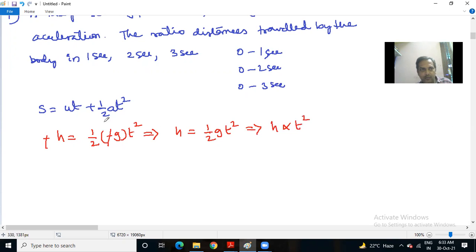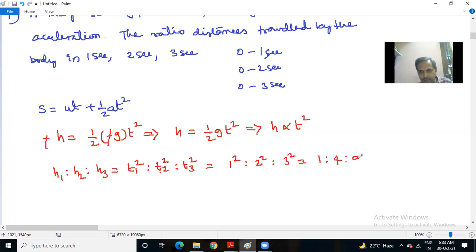Now moving to the question, H1 is to H2 is to H3 is T1 square is to T2 square is to T3 square. What is T1? 1 second, so 1 square. T2 is 2 seconds, 2 square. T3 is 3 seconds, 3 square. So the answer is 1 is to 4 is to 9.